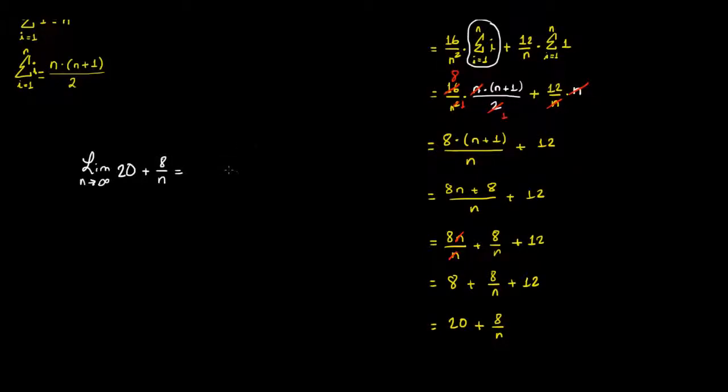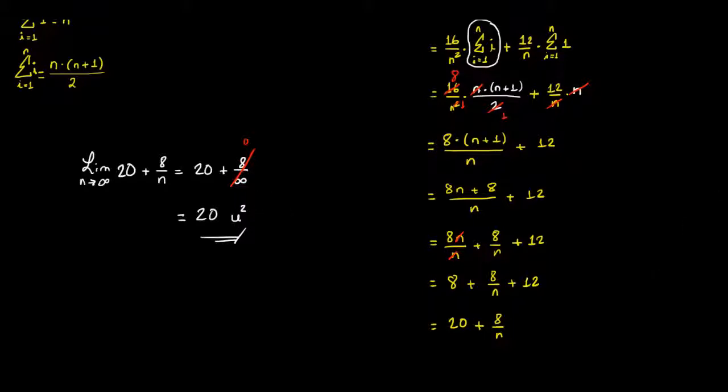We substitute every n by infinity, so it looks like 20 plus 8 over infinity. Now remember, any constant divided by infinity turns into 0. So this integral is equal to 20 units squared.